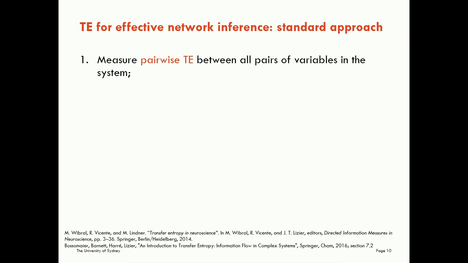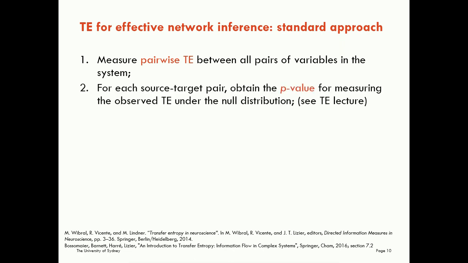Let's then talk about the next step of analysis, what we call the standard approach in the book chapter in the Bossomaier book, where we deal with this question of how to choose a threshold in a principled way. Here the algorithm gets changed. Firstly, we do measure the pairwise transfer entropy between all pairs, but then for each source-target pair, what we do is obtain the p-value for the observed transfer entropy under the null distribution.